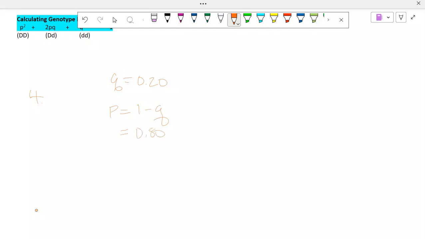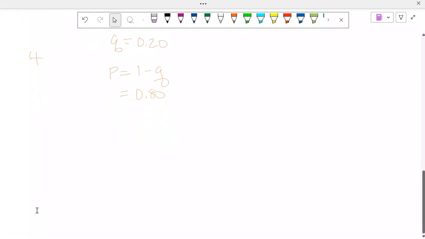Okay? Now, number 5, we want to find the frequency of a genotypic calculation. So if the frequency of the homozygous dominant genotype is 0.36, so let's just make a homozygous dominant phenotype, and it's telling you that value is 0.36, now we're going to use our p squared plus 2pq plus q squared equals 1 in order to register this data.